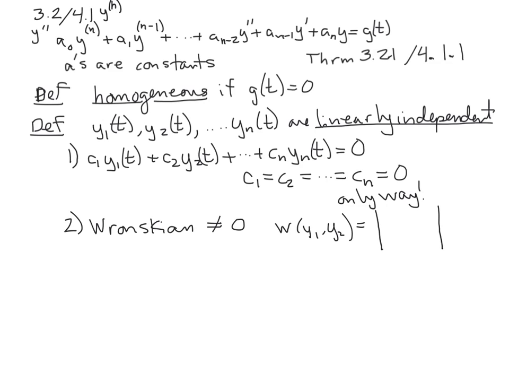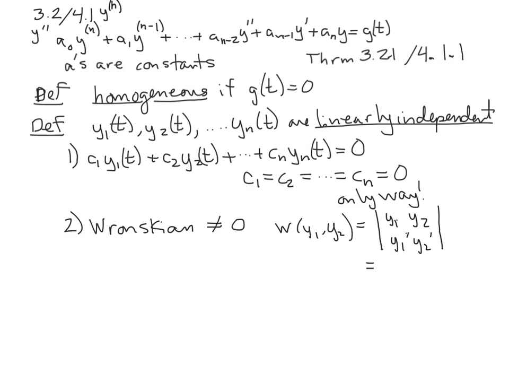You guys have seen determinants before in Calc 2. When you saw cross product, it might have just not been called a determinant. With the functions in the first row and their derivatives in the second, so y1 prime, y2 prime.